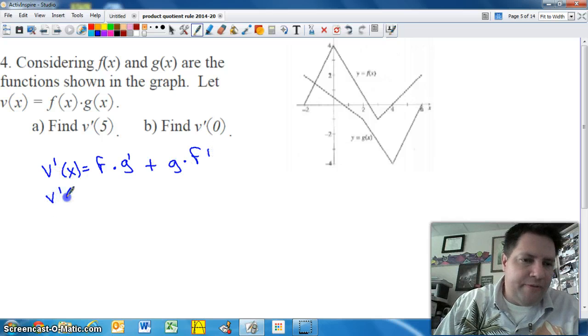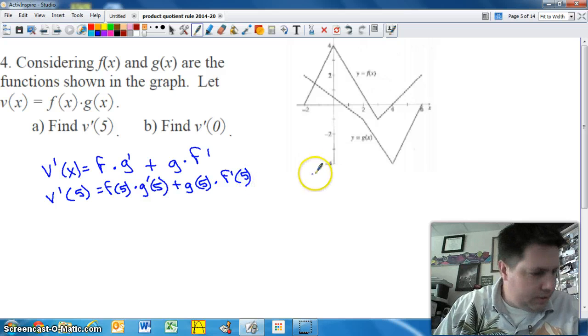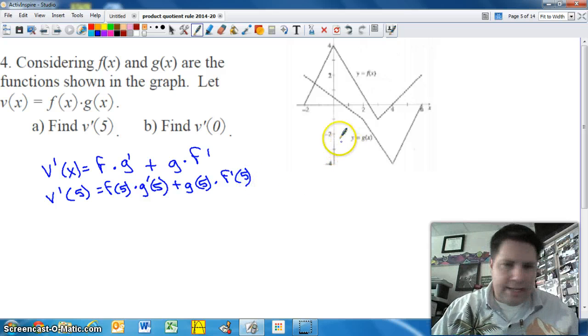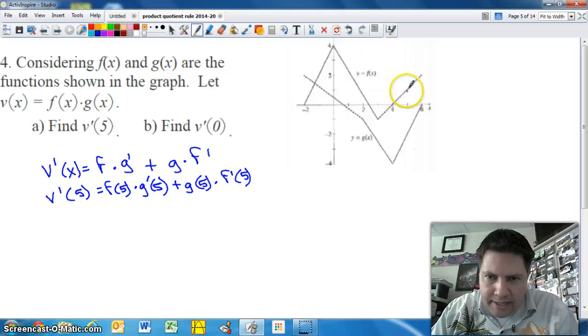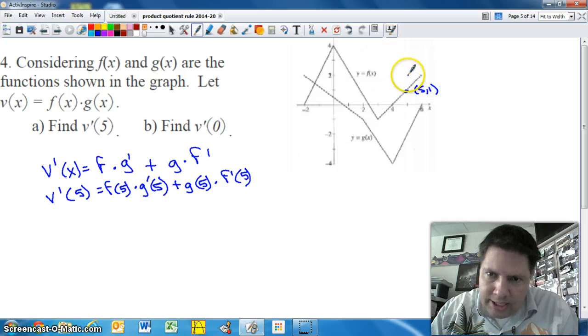So, v prime of 5 is going to be equal to f of 5, that's a y value, times g prime of 5, that's a derivative, which from a graph is a slope, plus g of 5, which is a y value, times f prime of 5, which is a slope. So, I need to know what's going on over here at 5. I need that point, which looks like 5 comma 1. And I also need its slope.